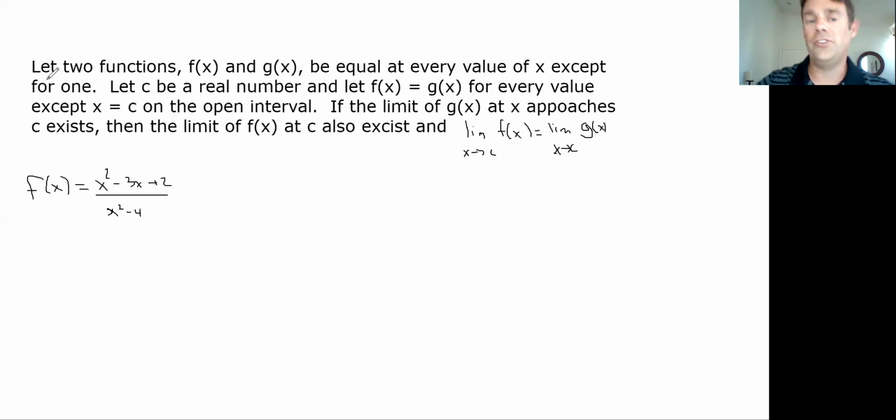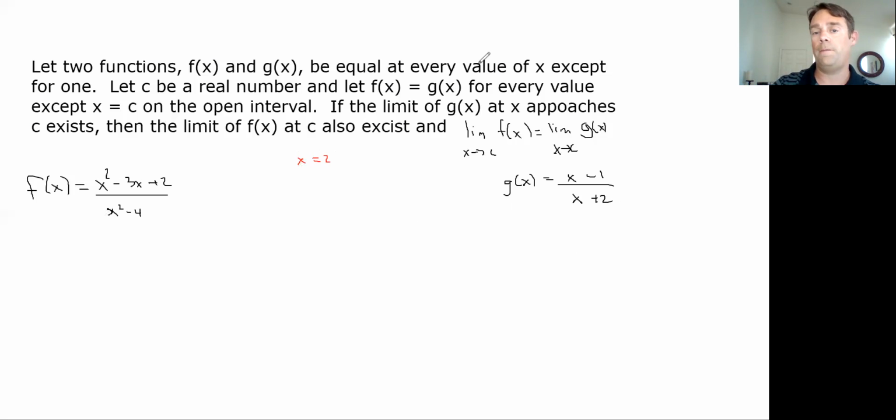I'm going to suggest that I believe that this function right here is the exact same for every value on this function, except for, the only time they're not the same is when x equals 2. Other than that, these two functions would be the same.